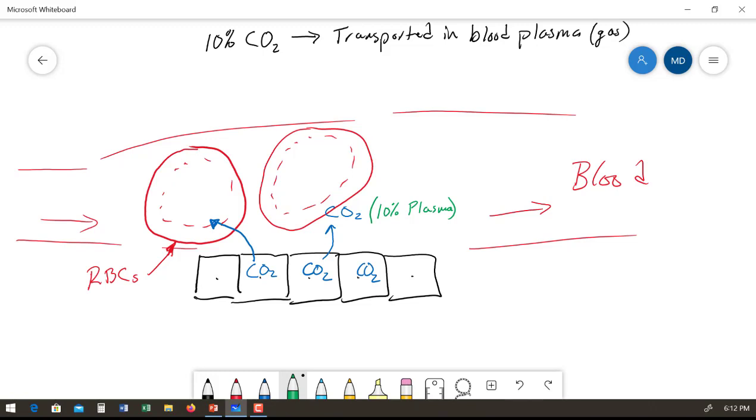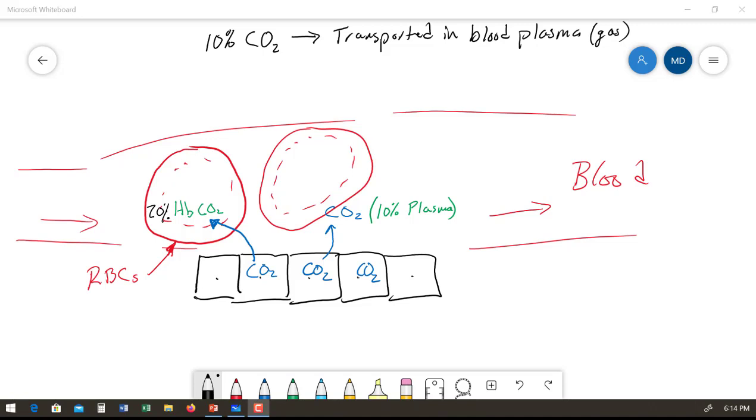And this becomes carbaminohemoglobin. So hemoglobin combines with carbon dioxide here. Let's add that up to the top, and that comes out to be about 20% of total carbon dioxide produced that is transported this way.